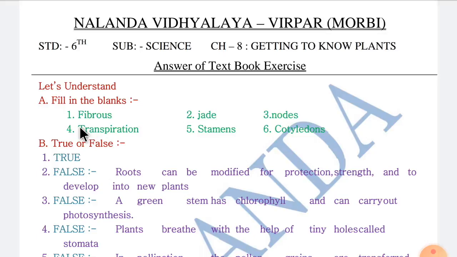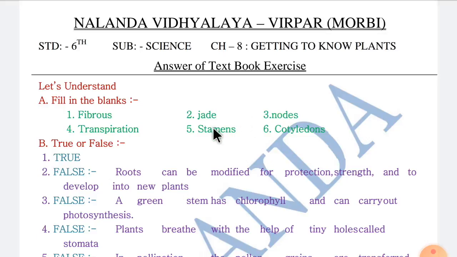Dash help in cooling the leaves. The answer is transpiration. Transpiration helps in cooling the leaves. The next, dash are the thin male reproductive part of a flower.